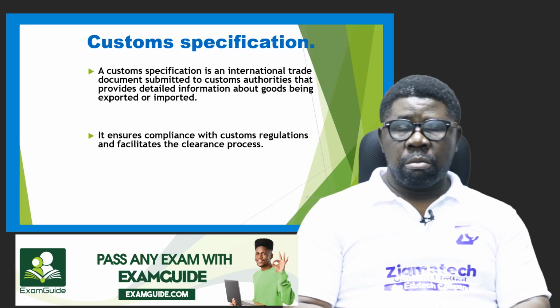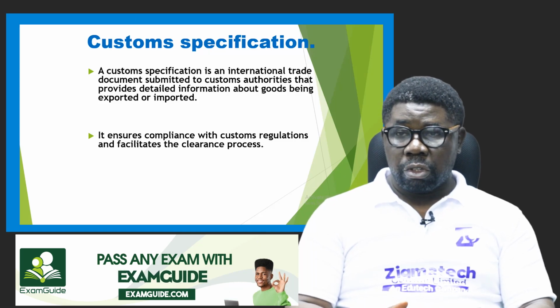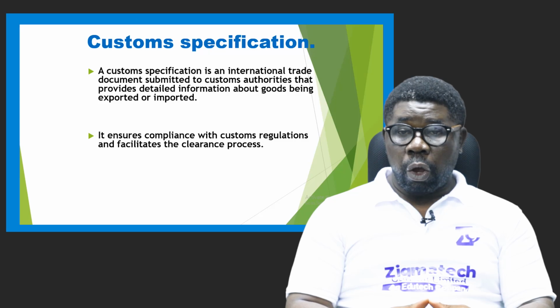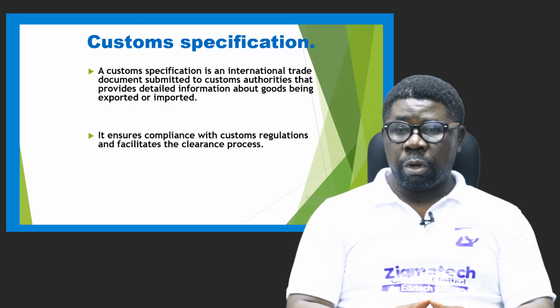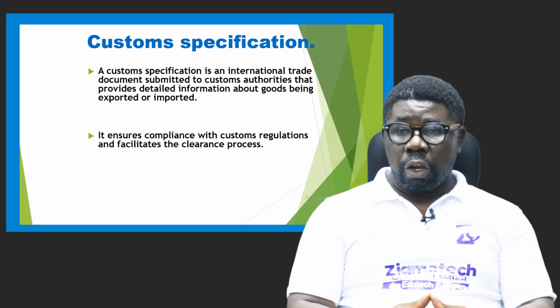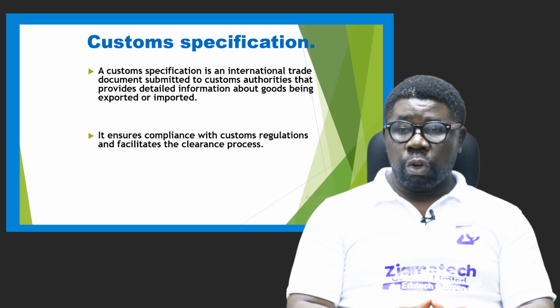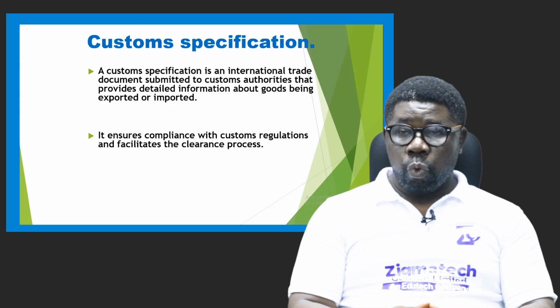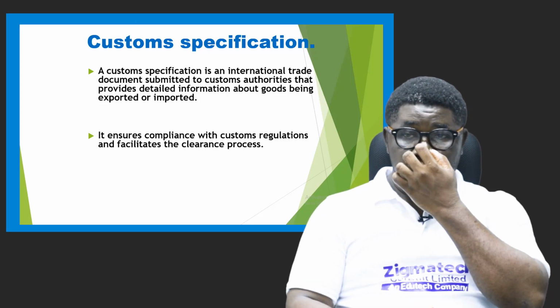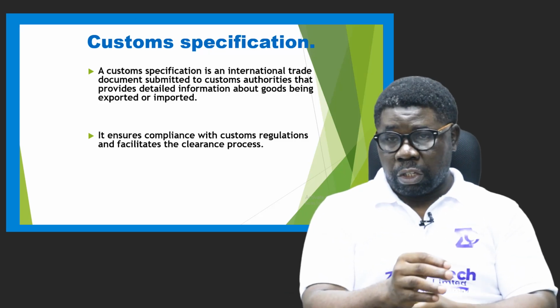There are some conditions that some goods have to pass through for the customs to accept them as tradable across its borders. So these specifications are what the customs is going to check when you submit this document to them, right? You're going to check if you have actually aligned your trade with these specifications before they can allow you to continue with your transactions.